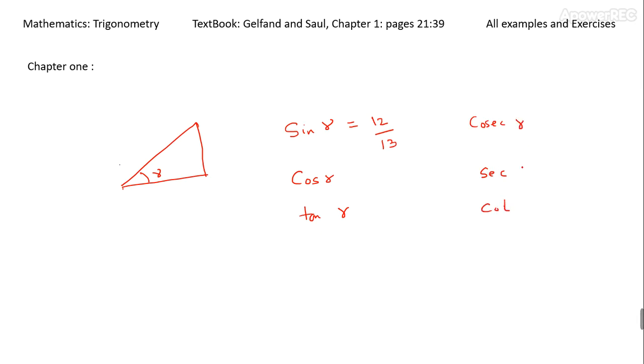So how does one go about finding all the values for this acute angle gamma?